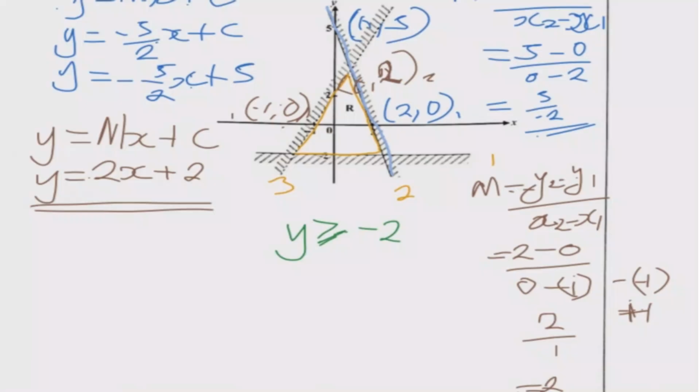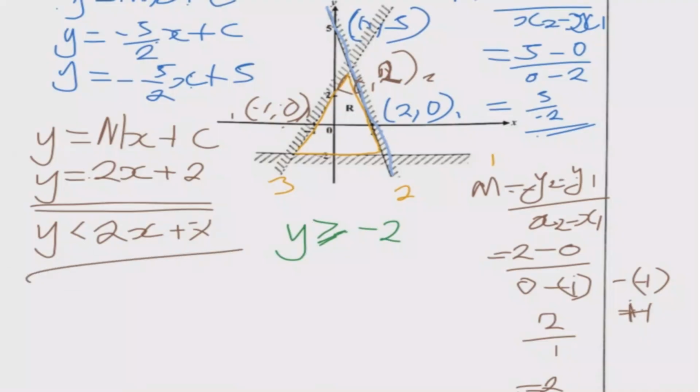into an inequality. To change this into an inequality, look at the shaded part: the shaded part is greater and the unshaded area R is less. So the answer will be y is less than, with a dashed line, 2x plus 2.